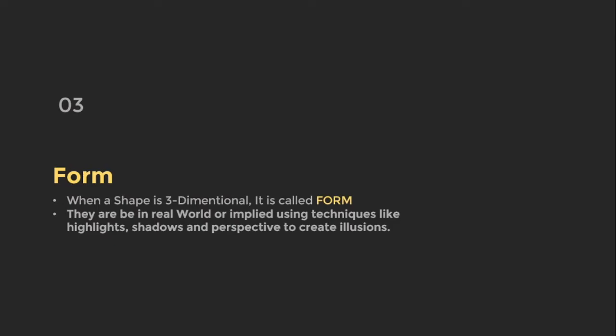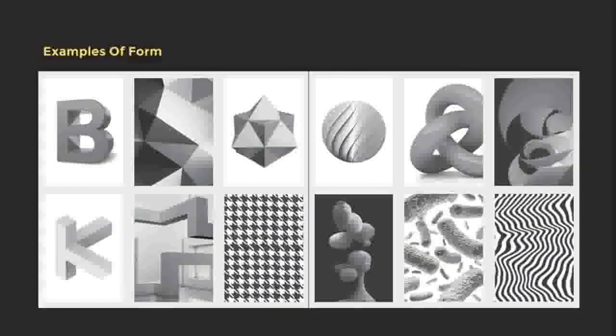You use highlights, shadows, perspective. Highlights are just the lighter part of the subject, and shadows are the dark part of the subject. And how do you detect that? By having a light source. So these are examples of form. We can see what form is doing: different shades and highlights, different shadows, to create something very realistic.